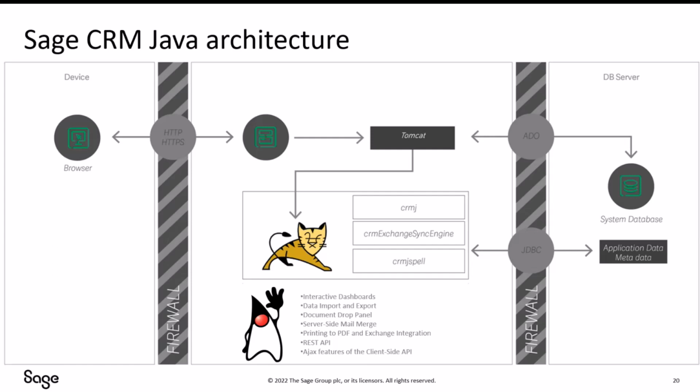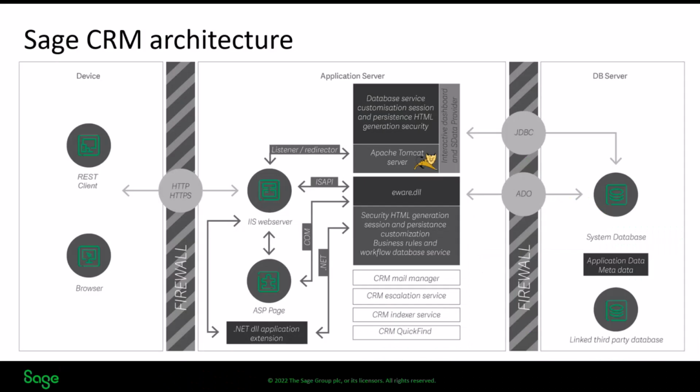The REST API is also through the Tomcat side and the Java side of the application. So that's why back in this diagram we see that REST is added into the diagram.